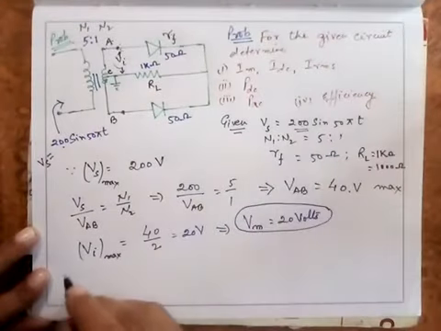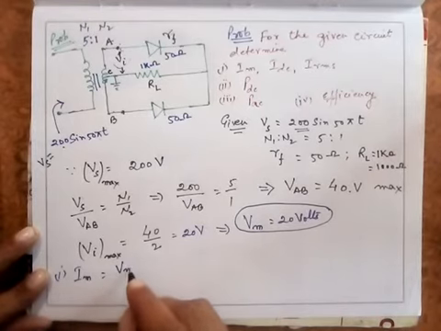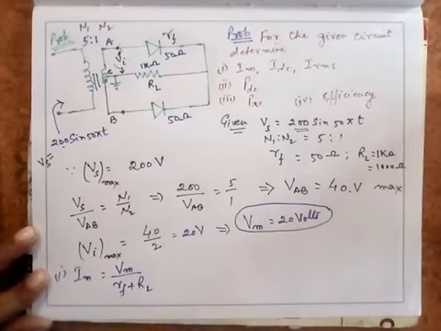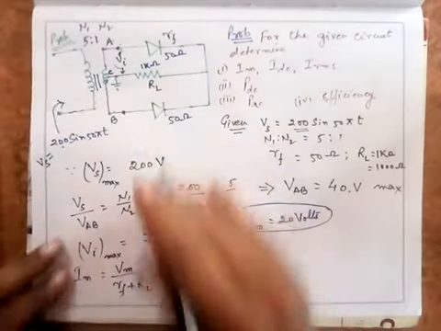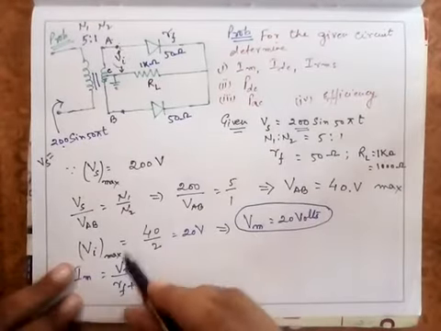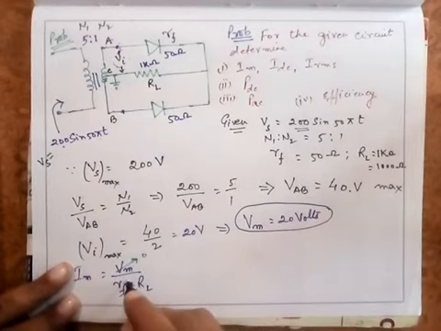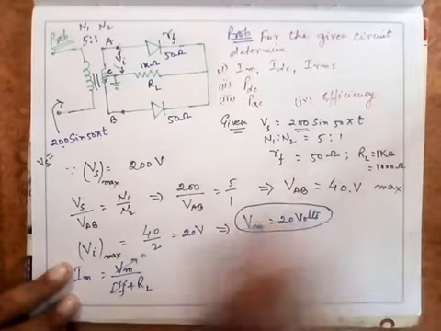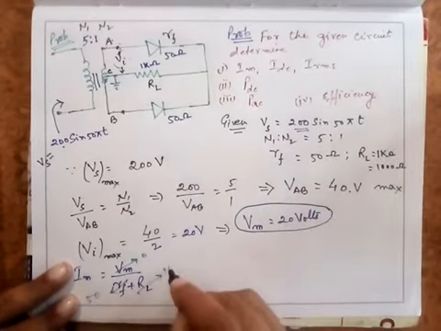Let's come to the first part of the problem. That is Im is equal to Vm upon Rf plus RL. Vm you have found is 20 volt, so simply substitute these values: Vm as 20, this Rf as 50, and this RL as 1000.